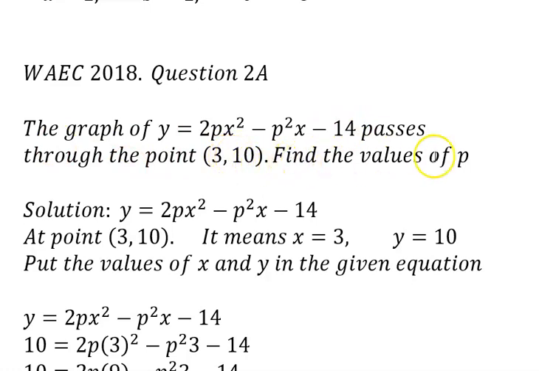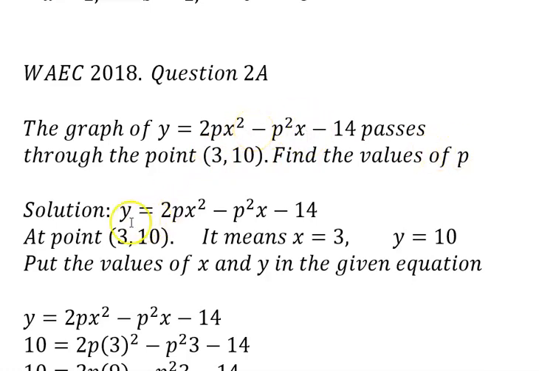The question says find the value of p. Now, mere looking at this, you know it's a quadratic equation question. Awesome. So, what are we going to do? We've been given the point through which the graph passes, which is 3 and 10. We have to find the value of p in this question.